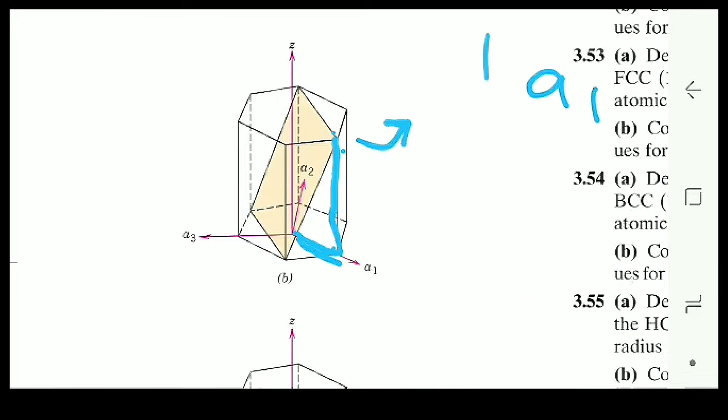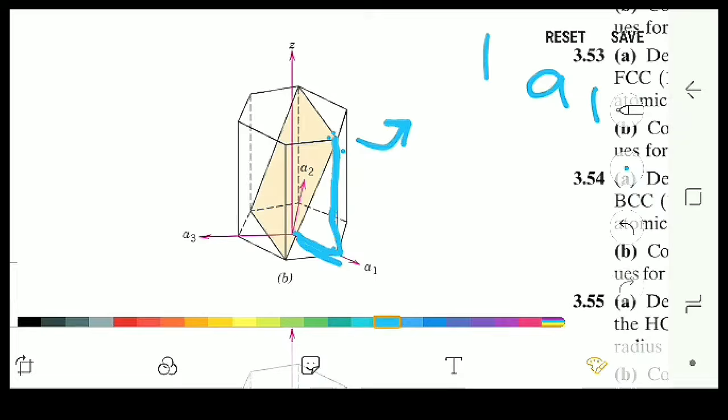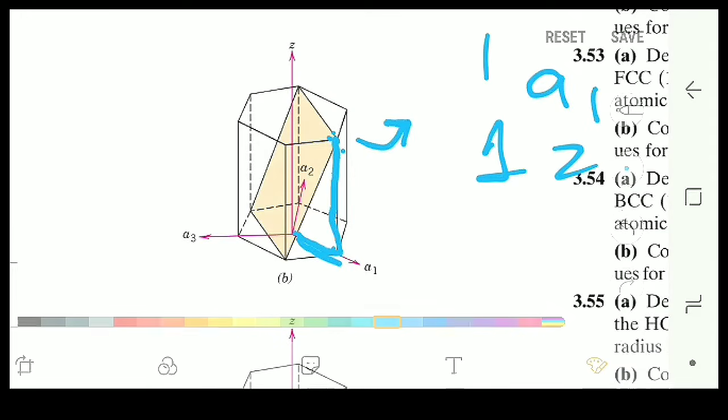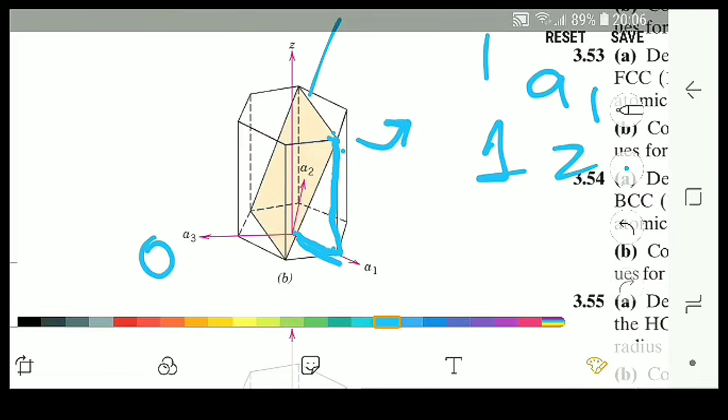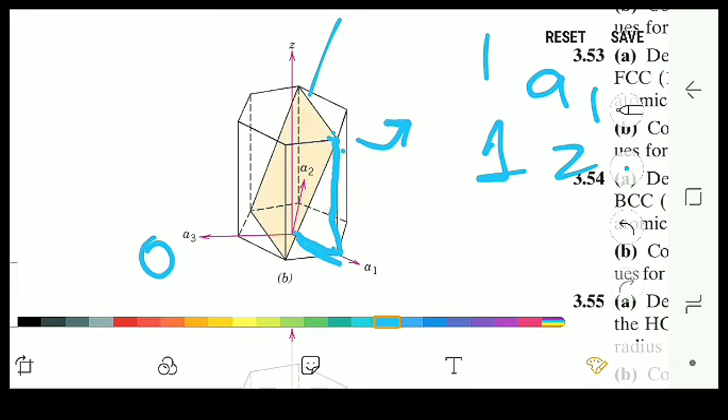So we reached that point now, and that point is what we needed, and that point is the one that we are going to put into the plane equation. Here we have to move 1 unit along the z direction, and no motion along the a2 axis is needed to reach that point. The a3 axis is neglected here, keep that in mind.